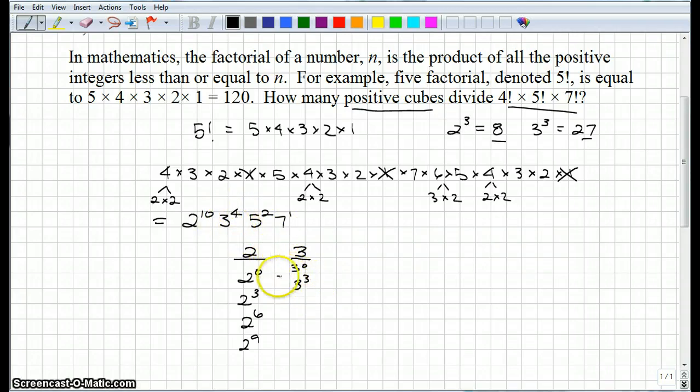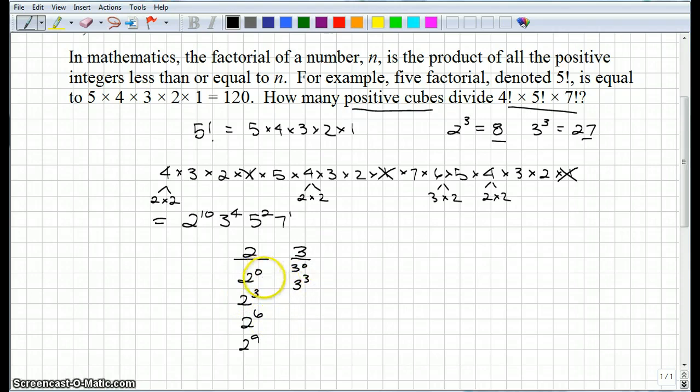So the power of 2 that would give us a cube would be 0, 3, 6, or 9, and the power on 3 that would give us a cube is 0 and 3. So we can just look at all of the permutations of those.